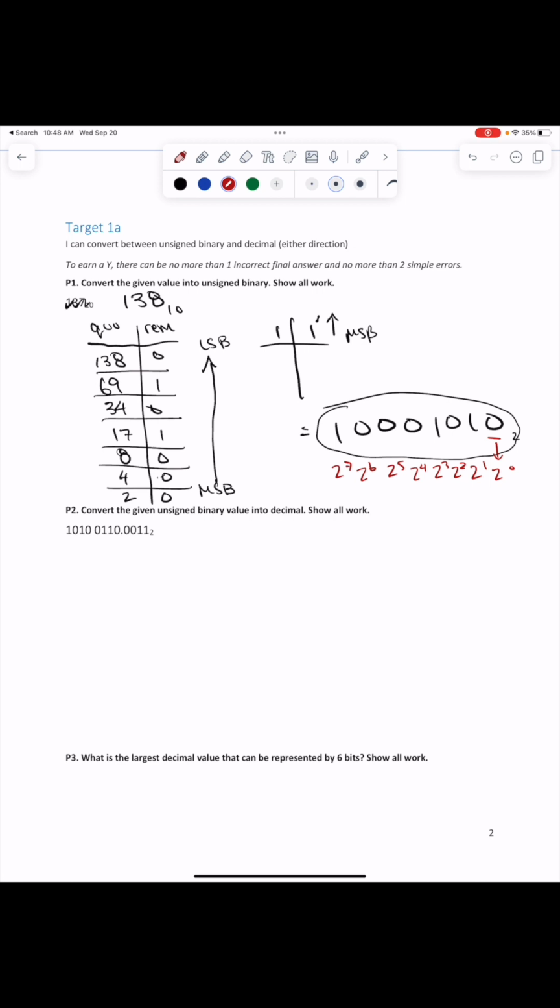Now I'll cancel out the ones that are zeros, and then I'll add the rest. So 2 to the 7 plus 2 to the 3 plus 2 to the 1 equals, I'll plug 2 to the 7 in my calculator because I don't know that offhand, 128, plus 2 to the 3, just to make sure it's 8, it is, plus 2 equals 128 plus 8 plus 2, which on my calculator is 138.